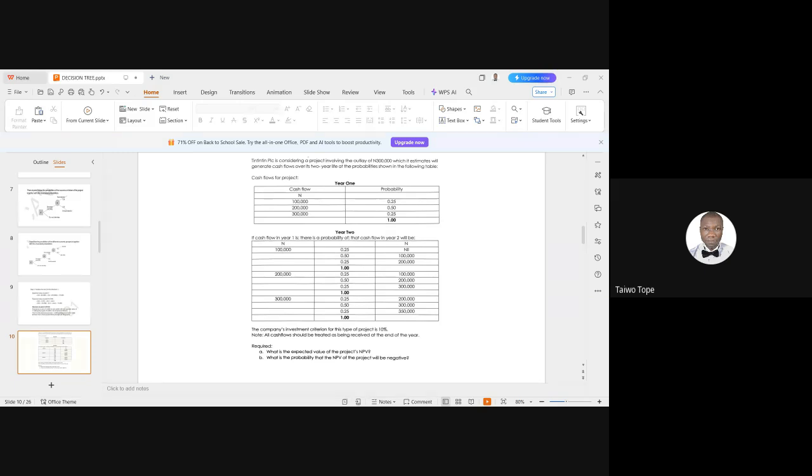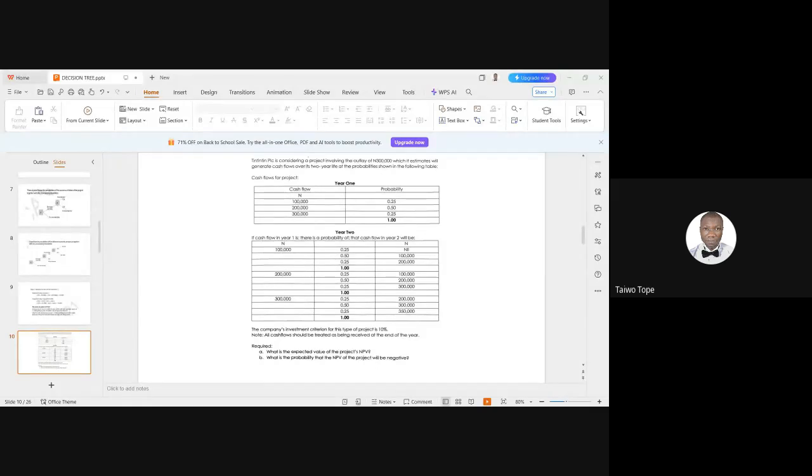In year two, take notes now, if the cash flow in year one is a given amount, there is a probability of what the cash flow in year two will be.